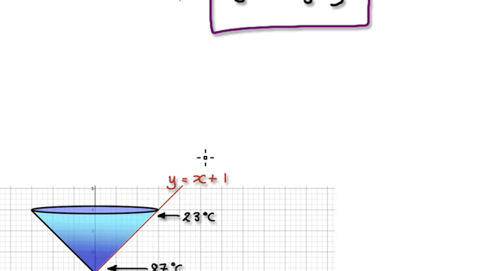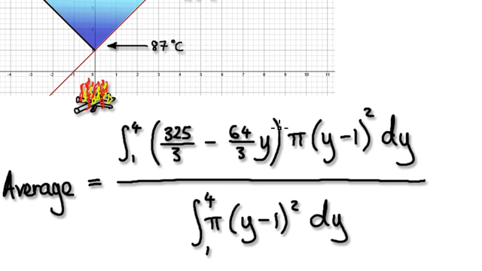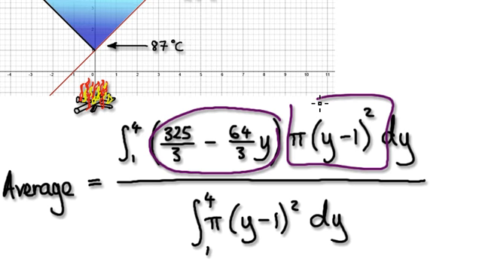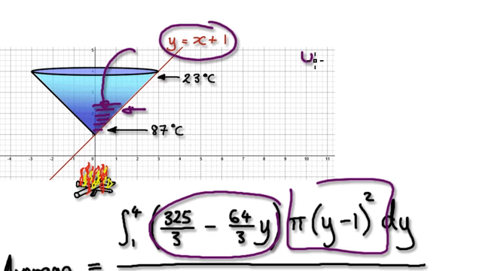Okay, so now looking back at the original problem, the average temperature is given by this. So this is our temperature, and then this here is really us summing up all the disks. So let's look at this particular disk here. The radius of this disk here is given by y minus 1.